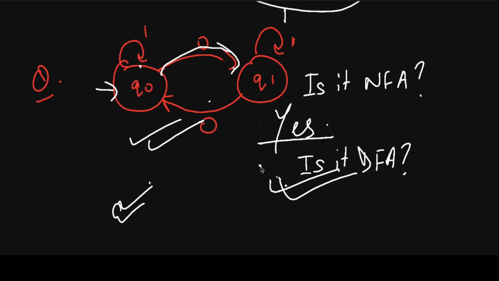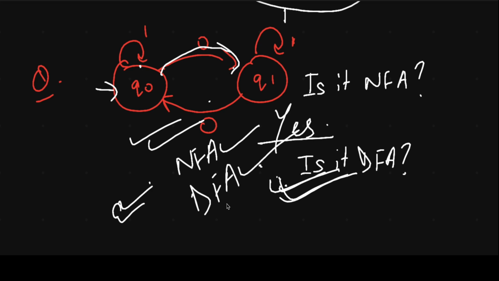So both our conditions are satisfied for a DFA also. So this is an NFA also and a DFA also. Remember this, because a lot of students make a mistake here. They mark it as an NFA, but they don't mark it as a DFA, which is incorrect.